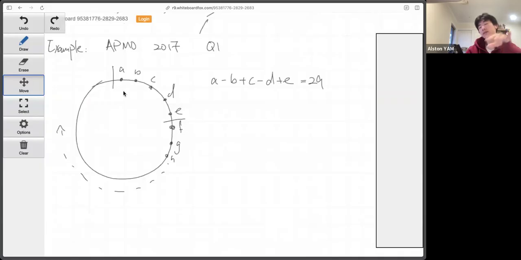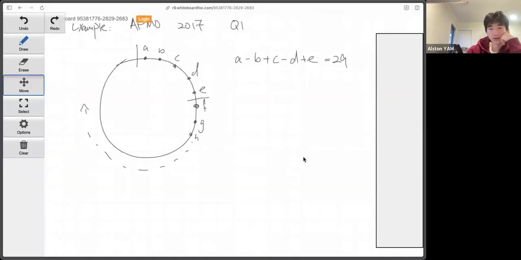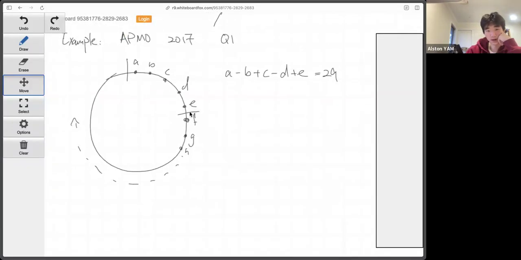So if I take any 5 consecutive numbers on the circle, I get the value 29. That'll be true even if I did B, C, D, E, F, and I do B minus C plus D minus E plus F. That will still give me 29. And the problem is just to find all possible arrangements of numbers such that this is true.